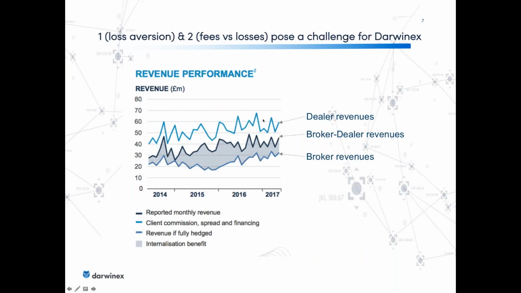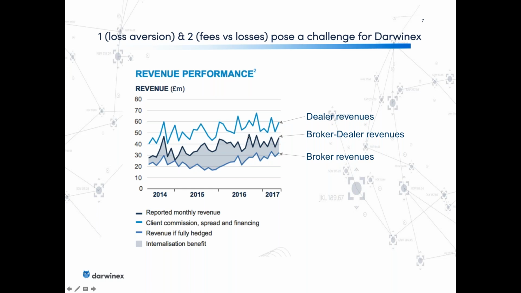Okay, now this chart is by a publicly listed broker dealer that has a very, very interesting statistic, and I'll explain what this chart shows. So what you've got here is the revenue that they've booked from customers in the middle. That's according to the broker dealer business model.